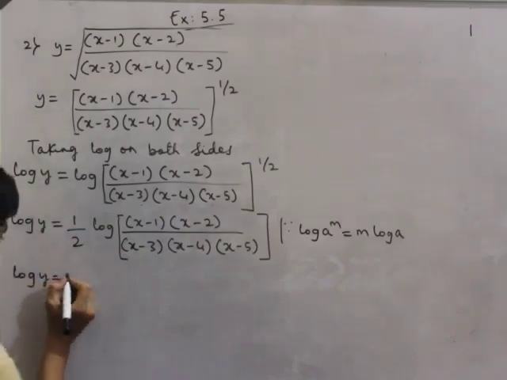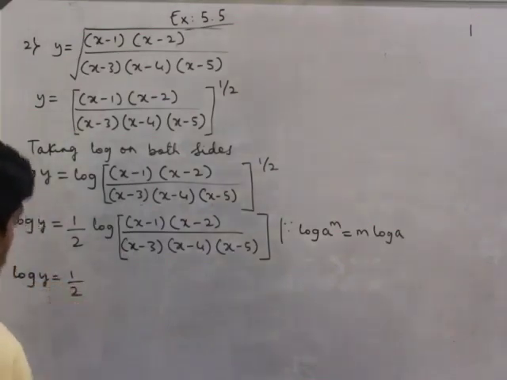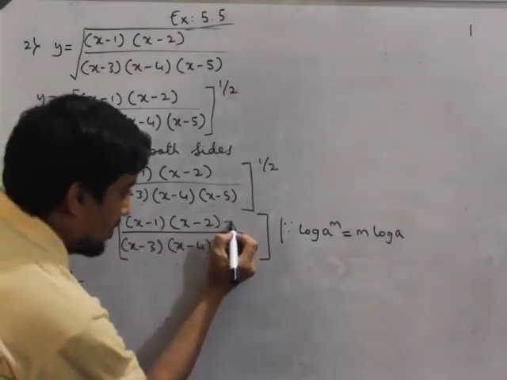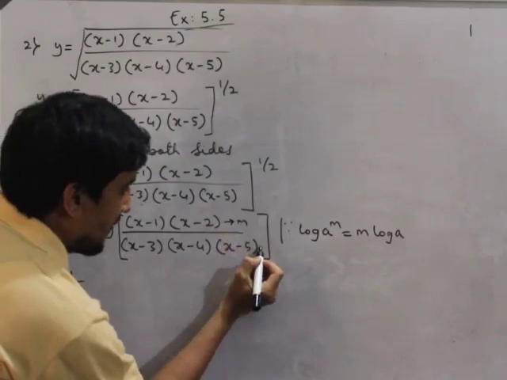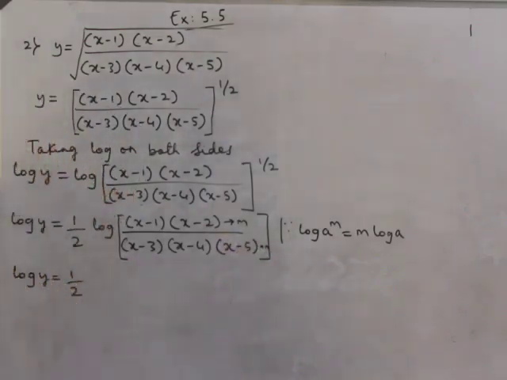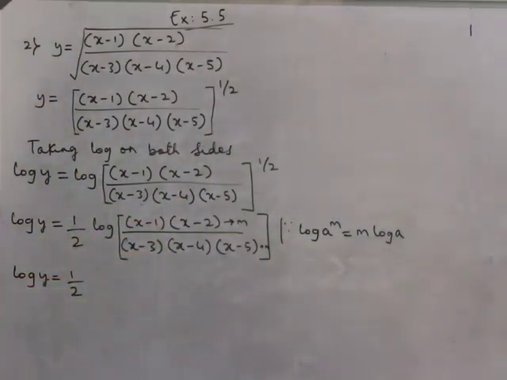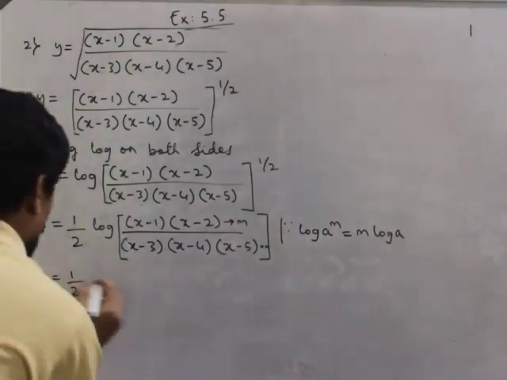Log y is equal to 1 by 2. Now look at this. This will be m and this is your n. Log of m by n can be written as log m minus log n. So that is what I am going to do.